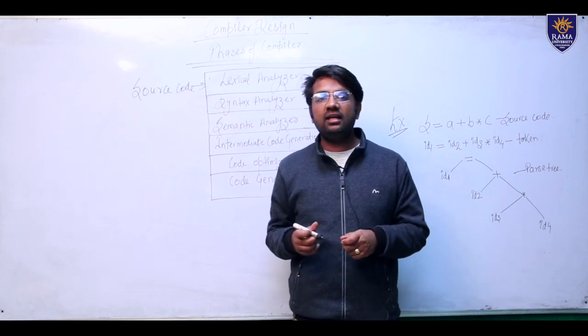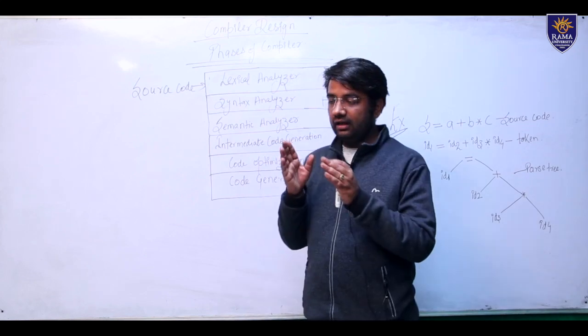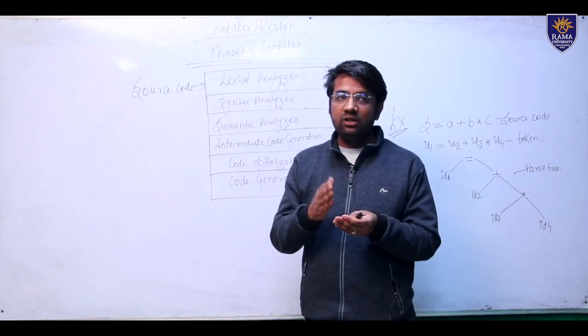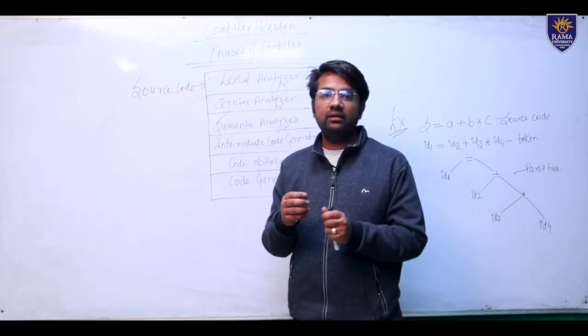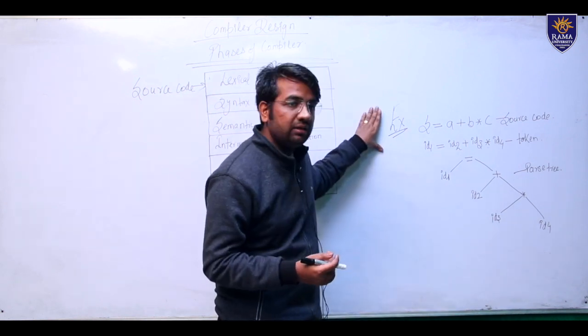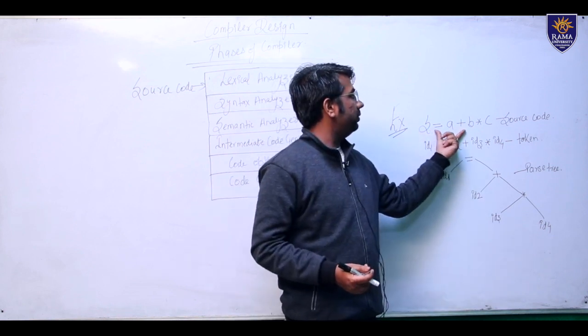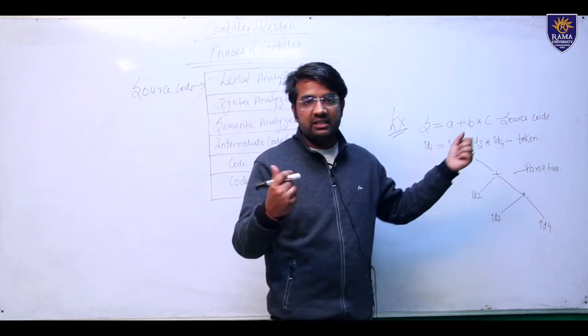In the lexical analyzer, one of the main objectives is that the source code is broken into pieces of tokens. You can see in this example, we are taking a small source code where S is equal to A plus B multiplied by C.